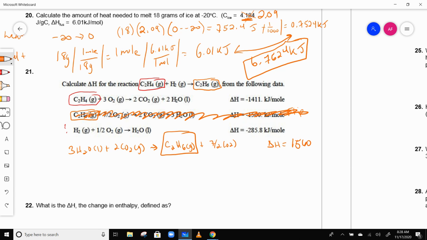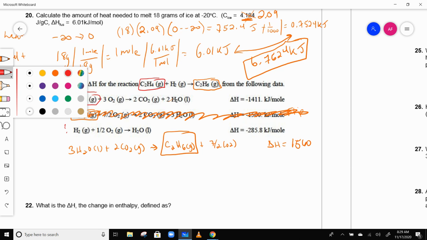Now we'll see that we can cancel out 2 of these and 2 of these. So that's 1 H2O here. The 2 CO2s cancel. The 7 halves O2 and the 3 O2 cancel, and then the half O2 will cancel. So actually, we don't need to do anything to this one here. The only thing we need to do is flip that first one.